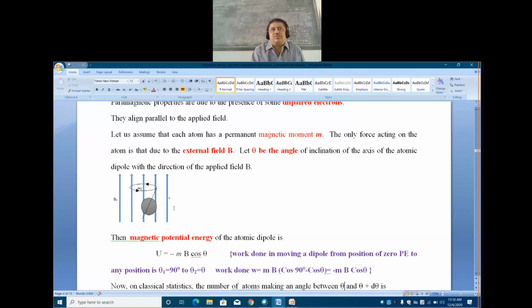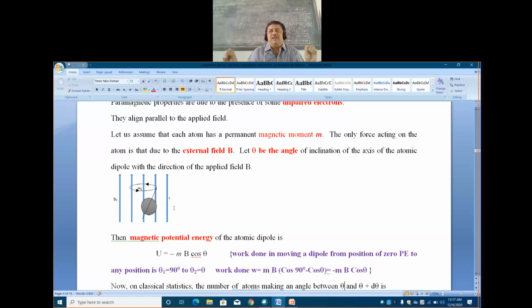We are starting with this expression, where m is the magnetic moment, B is the magnetic field applied, and theta is the angle of inclination. When you resolve into two components, sin theta is horizontal and cos theta is the vertical component. So potential energy U is equal to minus mB cos theta.